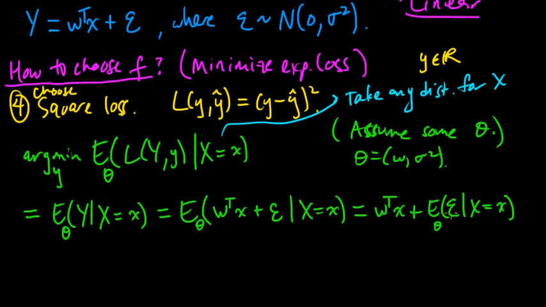So epsilon, this expectation is just the expectation of epsilon. It doesn't depend on x at all. Oh well, I guess there is some other randomness. We're saying x is random here. So yeah, to be precise, we have some distribution on x, but we're assuming, so this is by assumption, epsilon is independent of x.